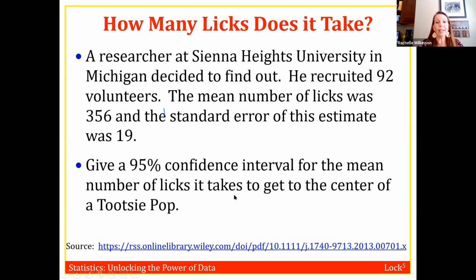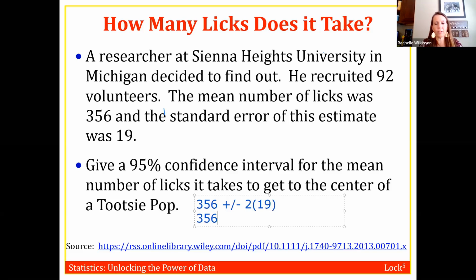Next, we're going to do a 95% confidence interval. So they give us the standard error. They tell us it's 19. So we can go ahead and construct our confidence interval by doing 356 plus or minus 2 times 19. I'm taking 2 times it because they gave me the standard error rather than the margin of error. So I'm going to end up taking 356 plus and minus 2 times 19.